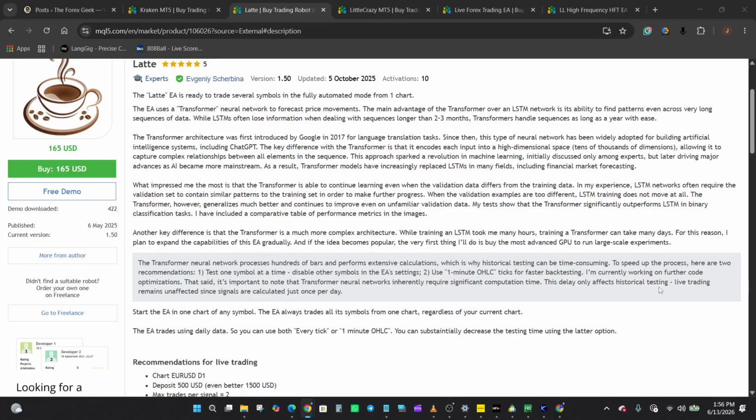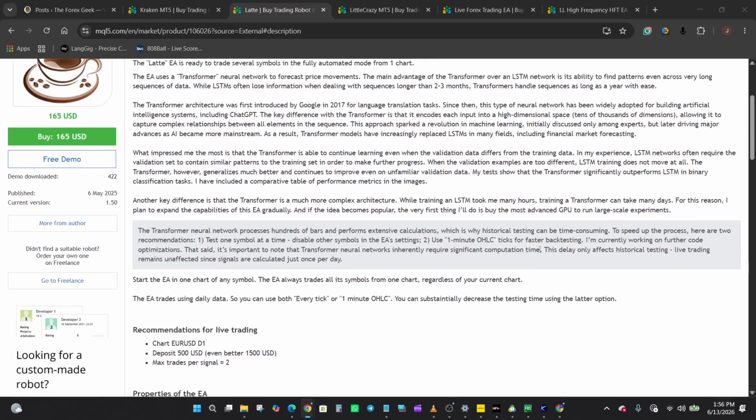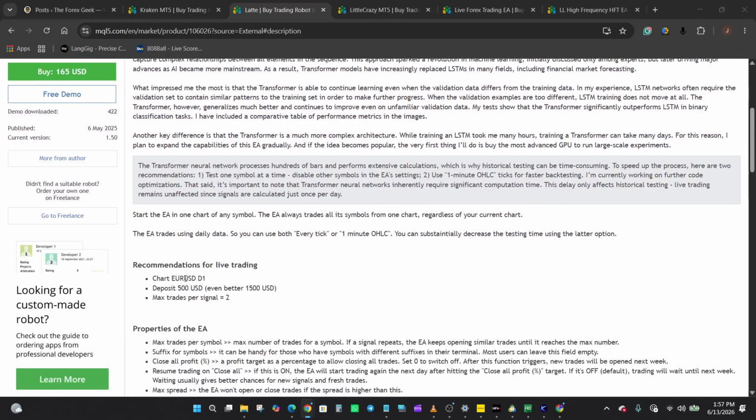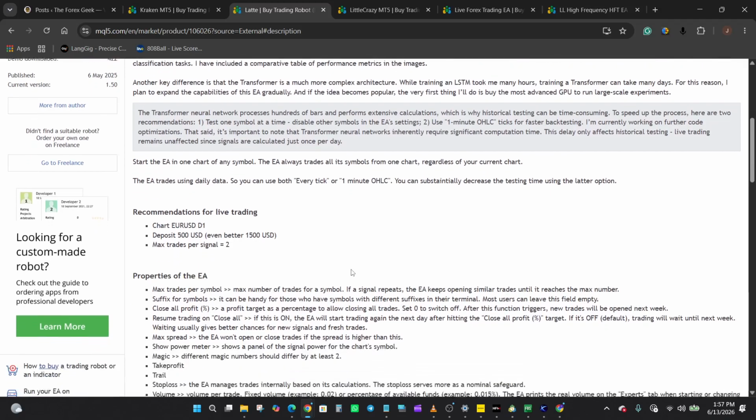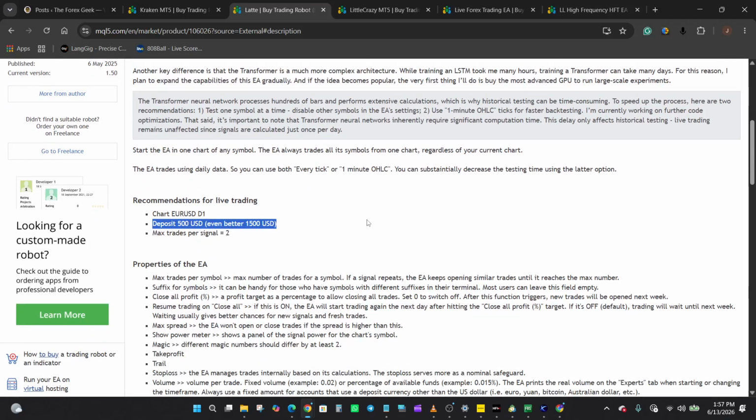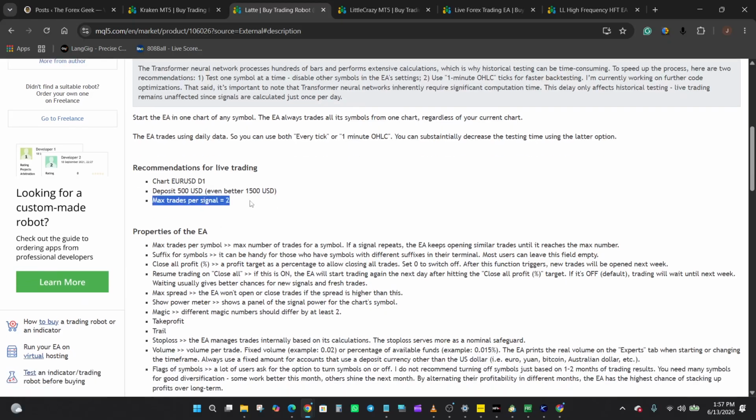Looking further down the page, there are some specific recommendations for live trading. The suggested setup is Euro USD on the D1 time frame with a minimum deposit of 500 US dollars. Although the developer mentions that 1,500 US dollars may be even better. Another recommendation is setting the maximum trades per signal to 2.